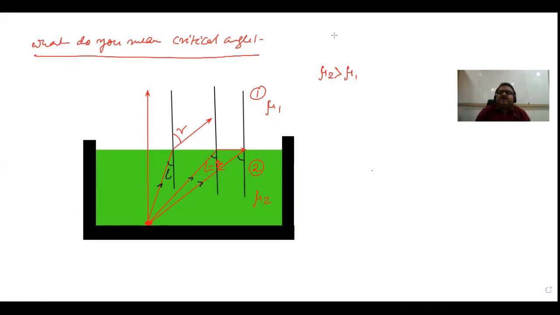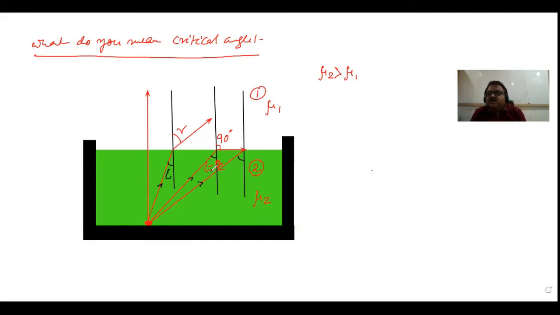As a result, this angle would be 90 degrees. Clear? And this particular angle of incidence in the denser medium, for which the angle of refraction in the rarer medium is 90 degrees, is called the critical angle for that pair of media.